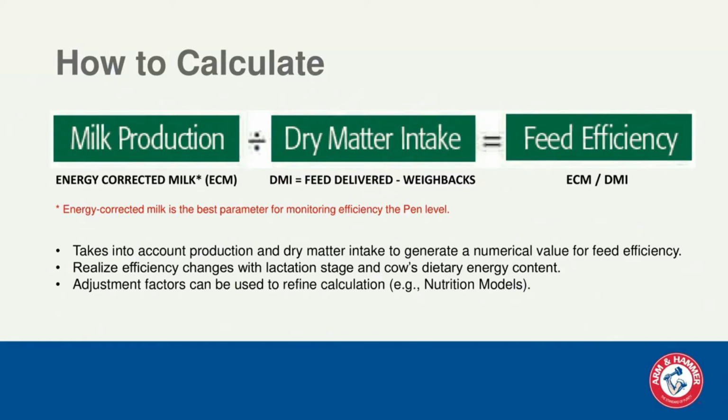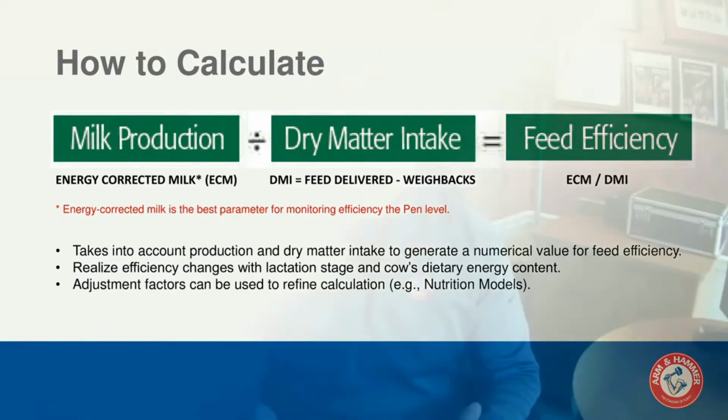For instance, most of the ration software that nutritionists would use on farm, the majority of the dynamic models, would calculate adjustment factors to help better refine the calculation relative to the animal's environment. For instance, relative humidity, temperature on a given day, and such.